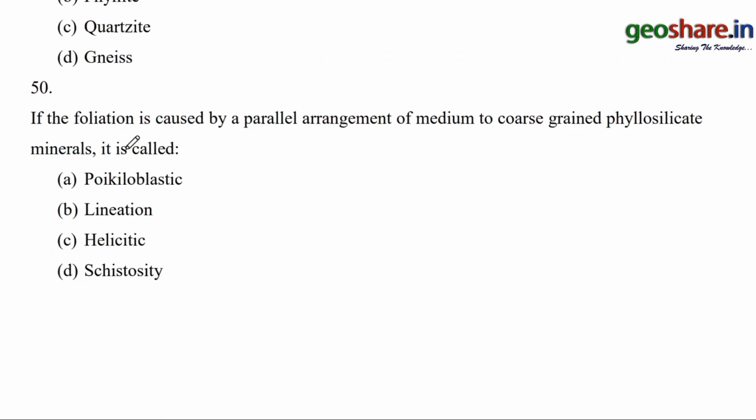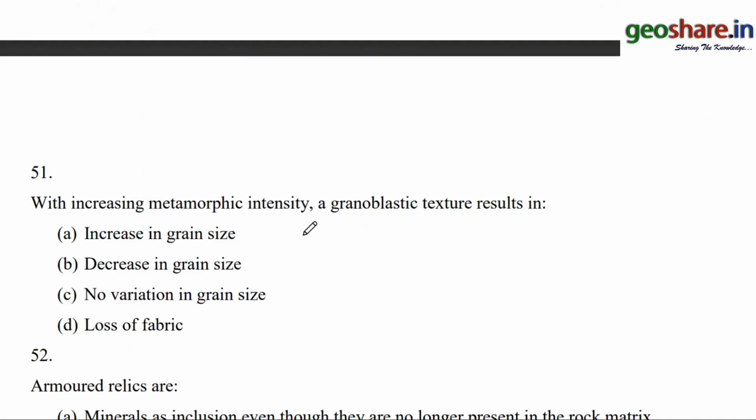Which one of the following is similar to slate but has silky sheen on the cleavage surface? Phyllite. If the foliation is caused by parallel arrangement of medium to coarse grained phyllosilicate minerals, it is called schistosity.